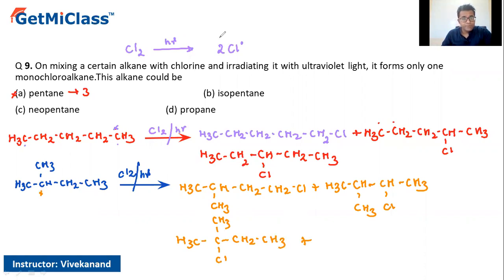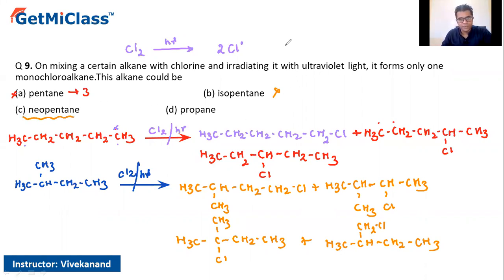Next, there is a possibility that even this particular carbon, one out of these 2 carbons, whether I attack over here or over here, both of them are going to be the same. That time we get CH3, CH2Cl, CH, CH2, CH3. So again, even this one is going to give us more than one monochloroalkane.